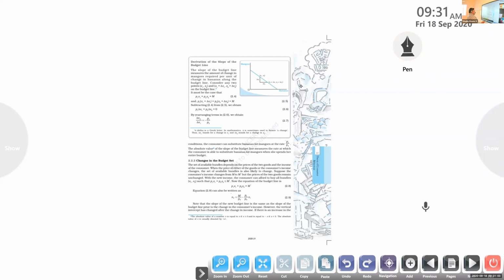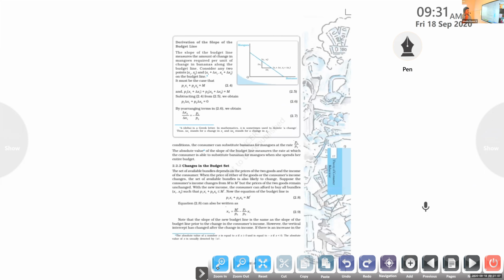Here you can see the set of available bundles depends on the prices. The number of items of a particular commodity we purchase is related to our income and the price of that commodity. The set of available bundles depends on the prices of the two goods and the income of the consumer.